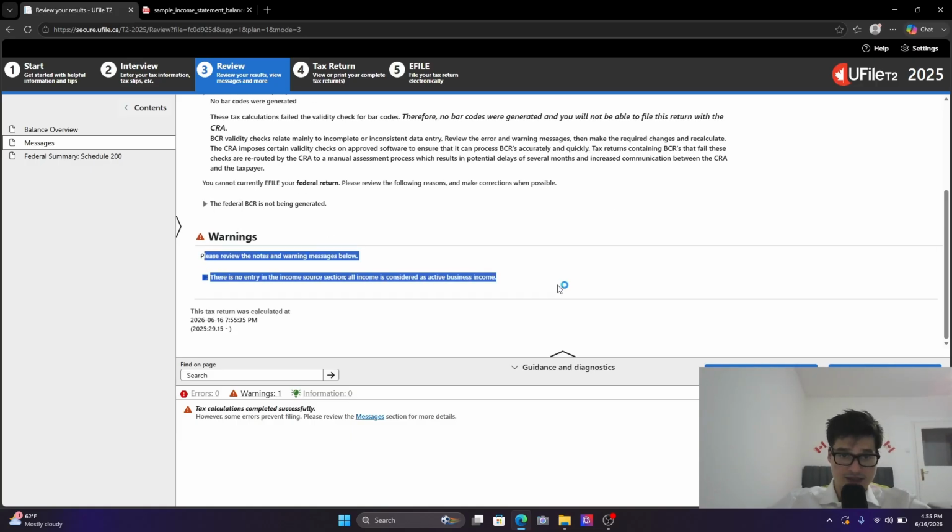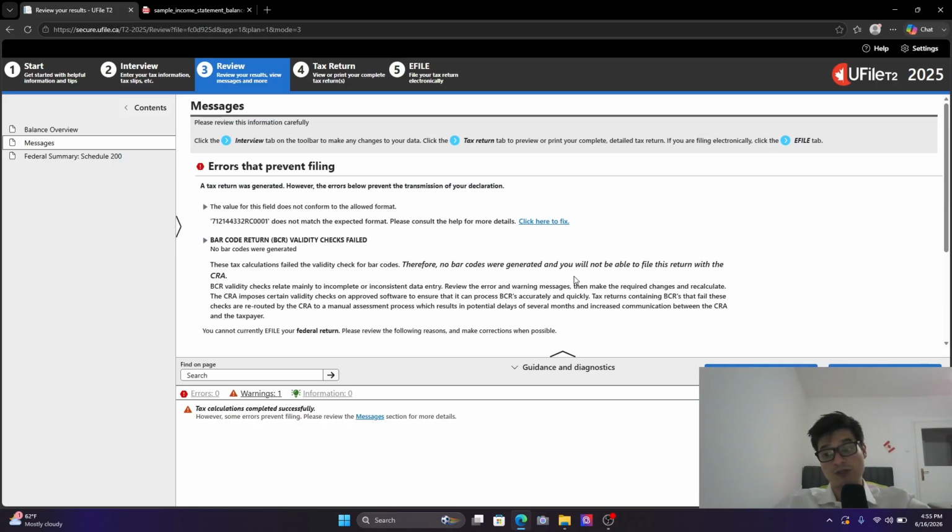We claimed that CCA by inputting it there, and now we have just this warning that says, okay, just so you know, all our income is active business income, which is important, which is why we were showing you the revenue, how they're different. The more different they are, the more important it will be for your tax return, because active business income is favorably taxed, whereas investment or passive income is not.